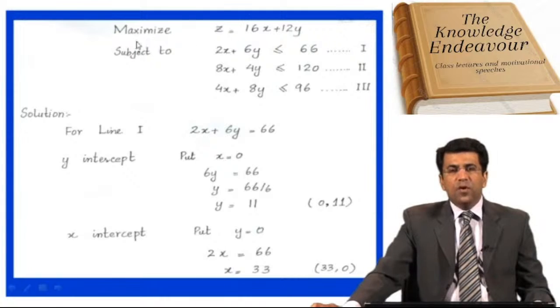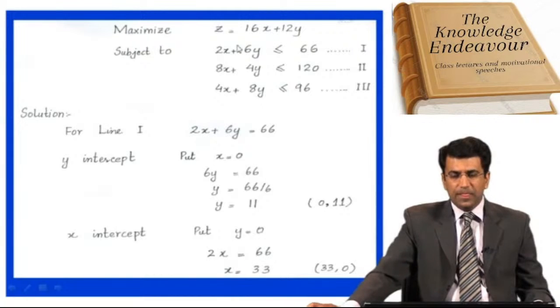This is the profit maximization function, in which we are interested to maximize this particular function. In other simple words, we are interested to find out the value of the decision variables, which are x and y in this particular case, which can maximize our total profit.